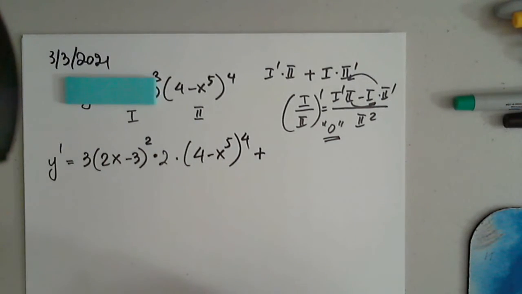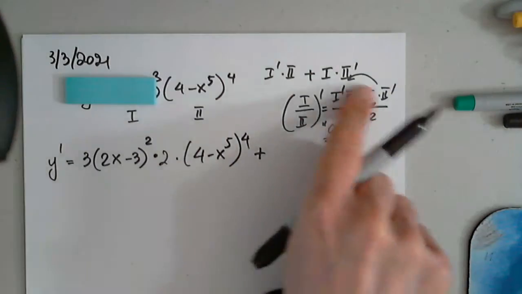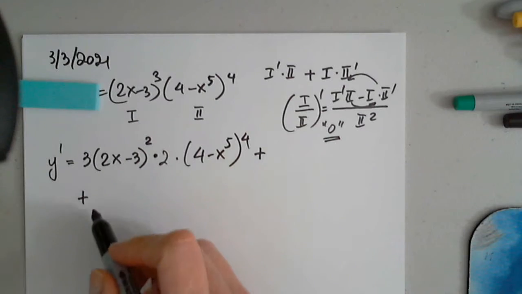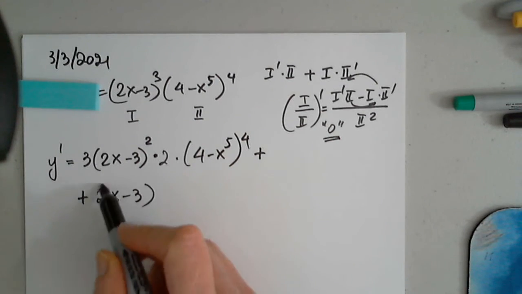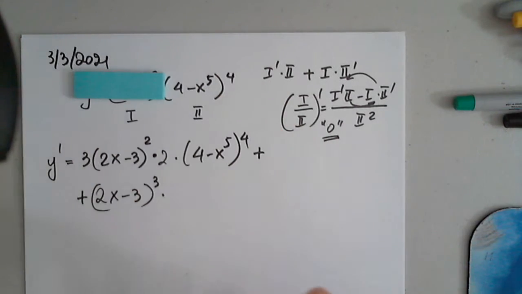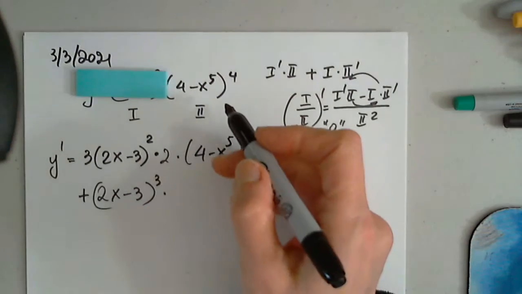Now I put plus. I'm going to continue underneath. I copy the first function, and I multiply by the second one prime. Who would like to tell me the second one prime?